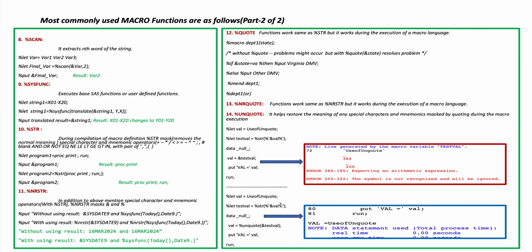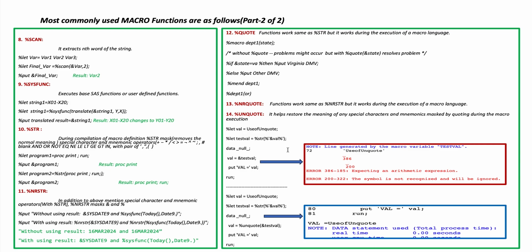In the second example, when we use %unquote with testval, then it will resolve the issue. That means it will restore the meaning of any special characters and mnemonic operators masked by the quoting during macro execution.